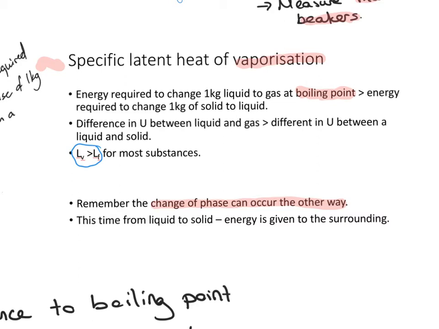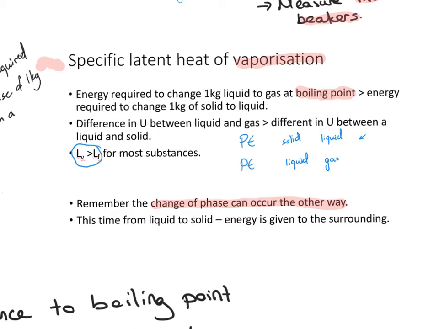Now that difference has to do a lot with the potential energy. So if you consider the potential energy between a solid to a liquid, so the difference between the two potential energies, and the potential energy between a liquid and a gas. Now, solids and liquids have quite high attractive forces between them.